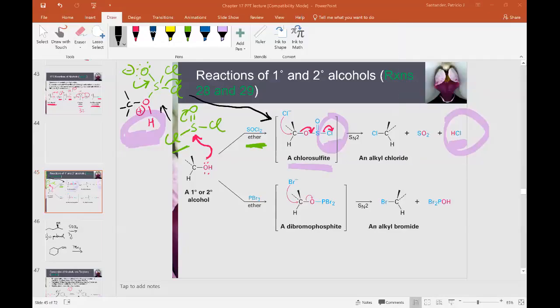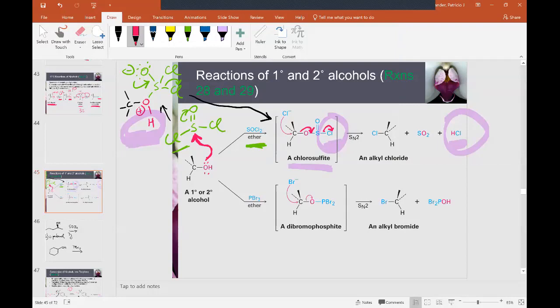Let me stress a little something about the mechanism of this reaction, which we will get to study in more detail next semester in the second part of organic. In chapter 21, I believe, we will study this in more detail. So it involves nucleophilic attack of the oxygen on the sulfur of the thionyl chloride.